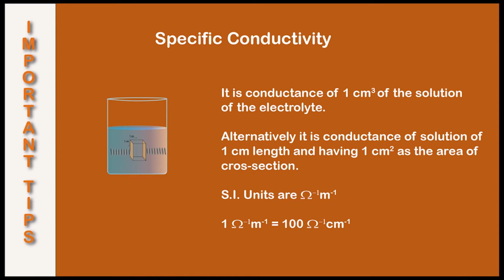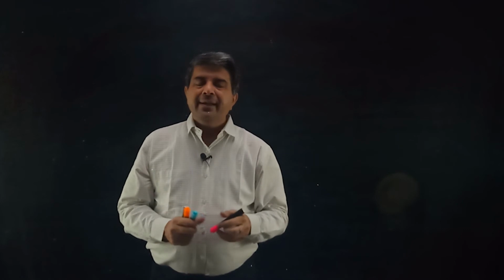So you can take a snapshot of your screen, or you can just jot it down, the important point that I have discussed for the decrease in conductivity, that is kappa, with dilution. Now let's try to understand the variance in conductivity of a solution, specifically in terms of molar or equivalent conductivity.